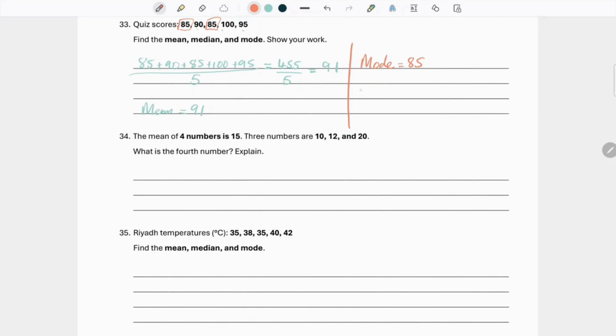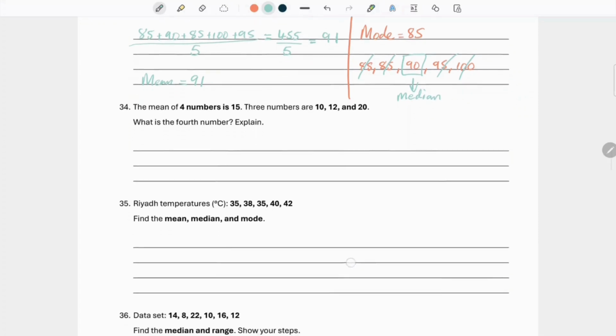So let's rearrange numbers and put them in order. So we have 85, 85, 90, 95, and 100. Where's the middle number here? So let's tick them off from either side, so we don't make a mistake. So the median is 90.